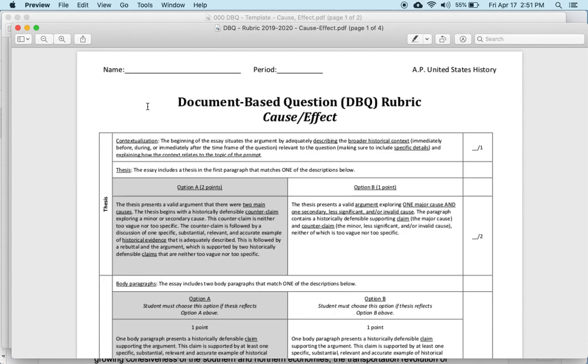So it's not to reinvent the wheel or make you reinvent the wheel. That's the idea here, that we're making the AP rubric fit into that paradigm. So you might want to have this handy as I go through the essay.